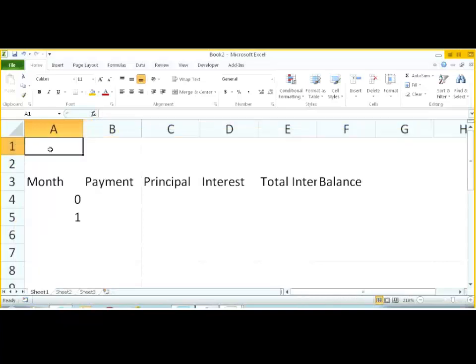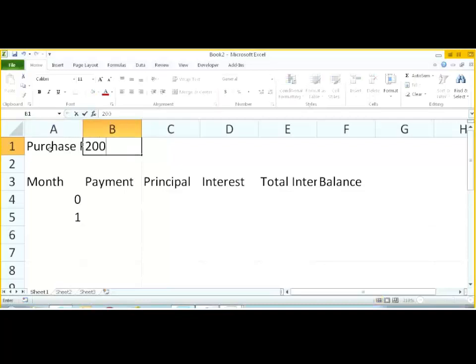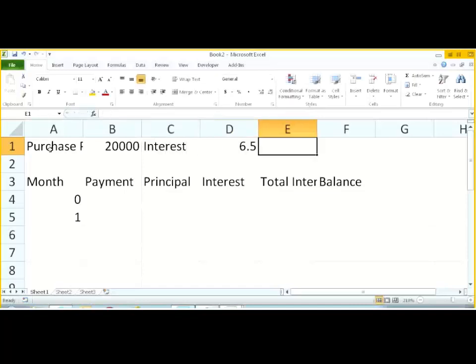Let's write those in so I don't forget. I'm just going to put those in my top line. So we'll have purchase price. The price was $20,000. The interest was 6.5%. Months, 72 months, 6 years.